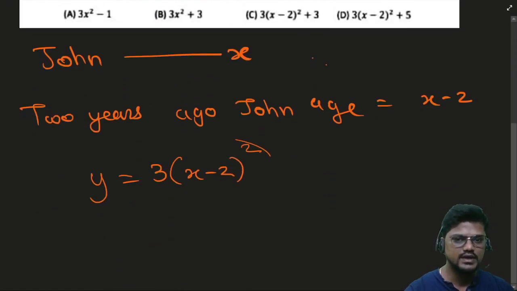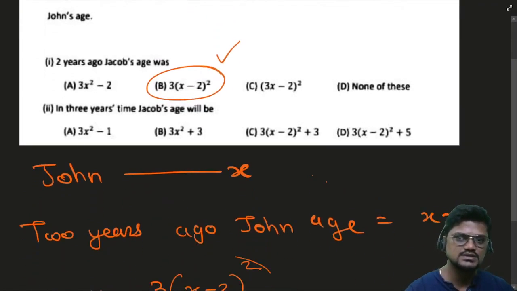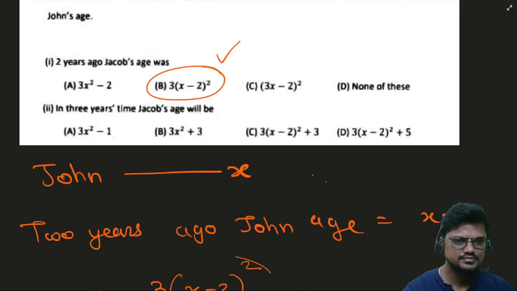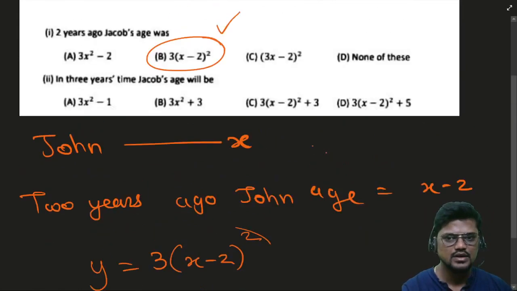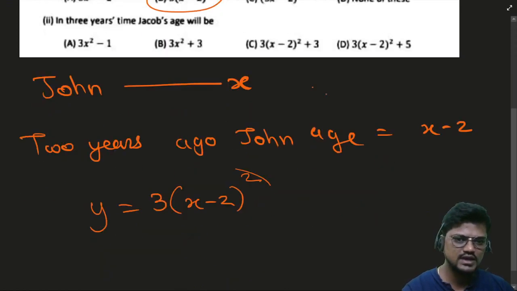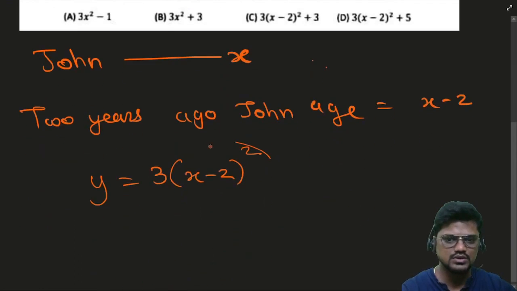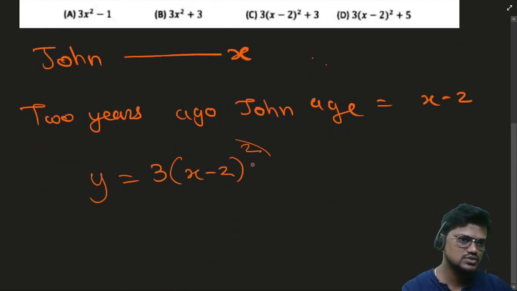The next. Now what they are asking, in 3 years time, Jacob's age will be what? Please answer in the chat box. Fine, I will solve it. Now 2 years ago, John's age was this, right? Jacob's age was 3 into x minus 2 whole square.